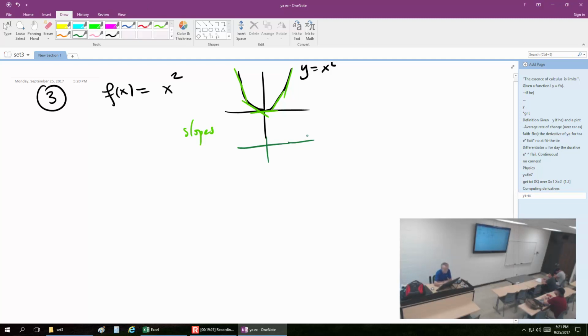Goes from negative to positive. From negative to positive through 0, right? So from left to right, from negative to positive through 0. And okay, so that's possible. That's what it's going to look like.